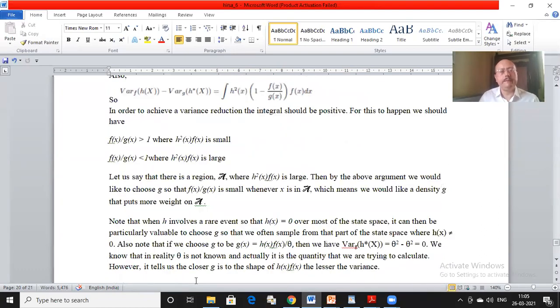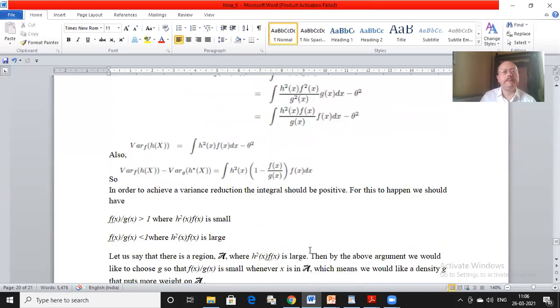So let us say that there is a region script A where h square f is large. Then by the above argument, we would like to choose g so that f by g is small for all x in script A, which means we would like a density g that puts more weight on the set script A. So script A will get more weightage from density g compared to density f.